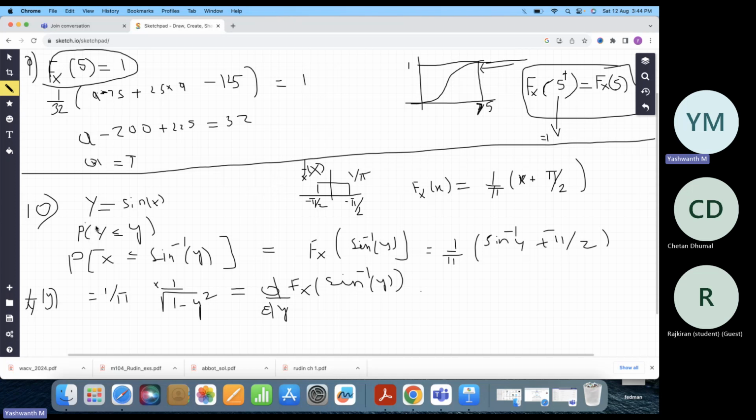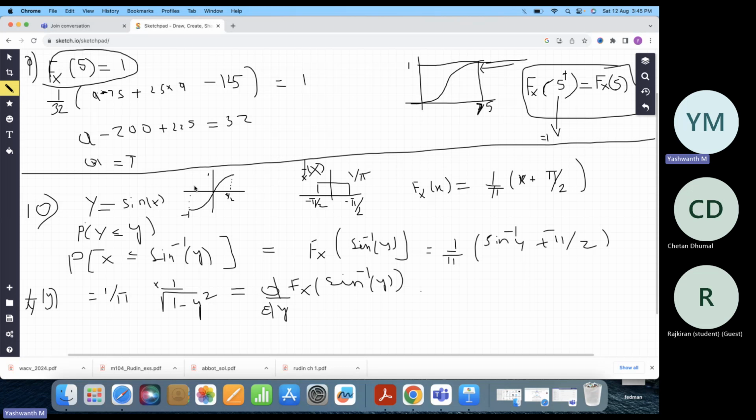And by definition, from first principles, you go with F of Y less than or equal to y. Y is nothing but sine X, so that's why X less than or equal to sine inverse y. And you need to be very careful when you write this. So we have written here for sine X, that is minus 1 to 1. This is minus pi by 2, this is 1, this is minus 1, this is pi by 2.